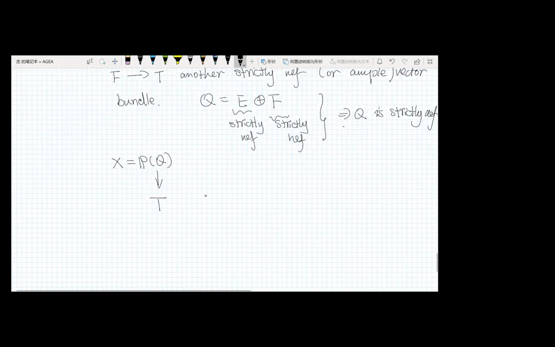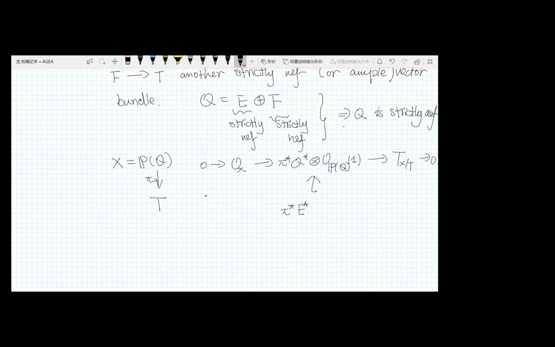You again consider the relative Euler sequence of X over T: π^*Q^* tensor O_{P(Q)}(1) maps to the relative tangent bundle of X over T. And you have a sub-bundle here, you just pull back the vector bundle E^*, because E is a direct summand of Q, so E^* is also a sub-bundle of Q^*.